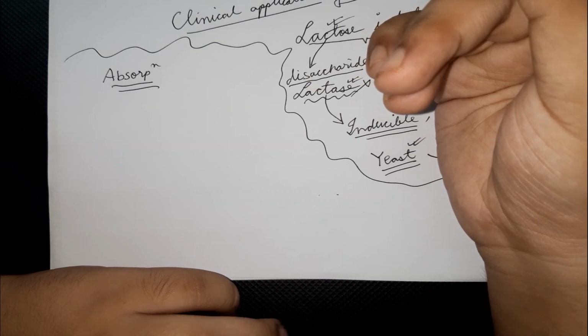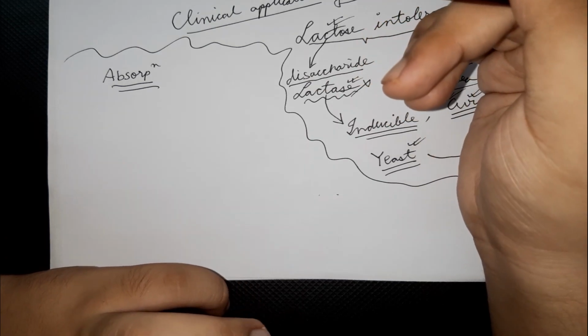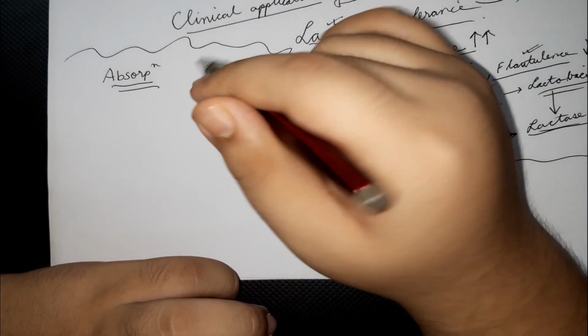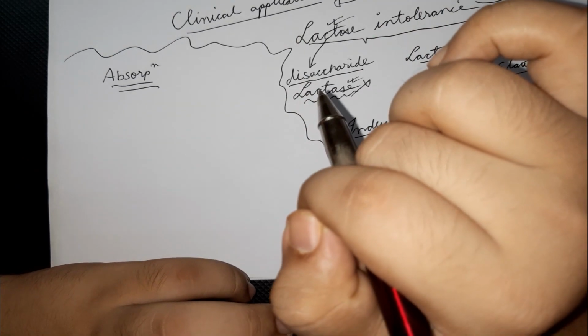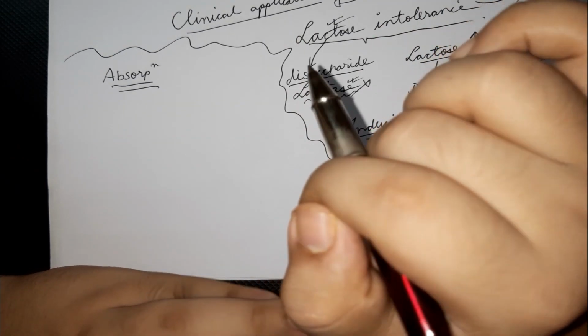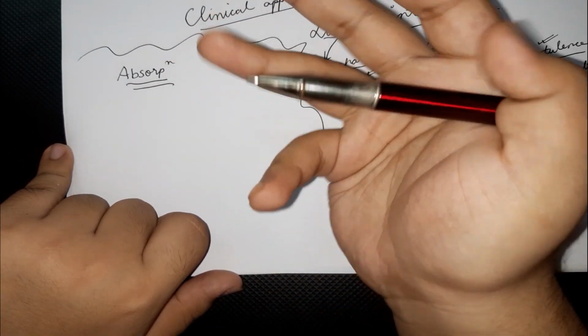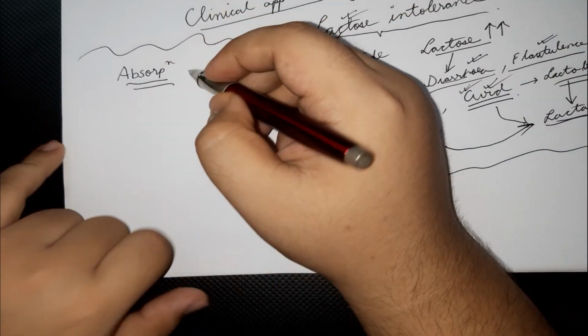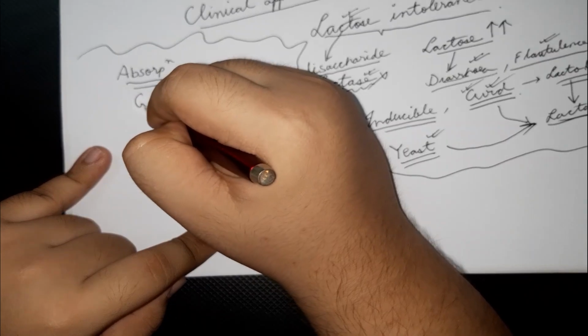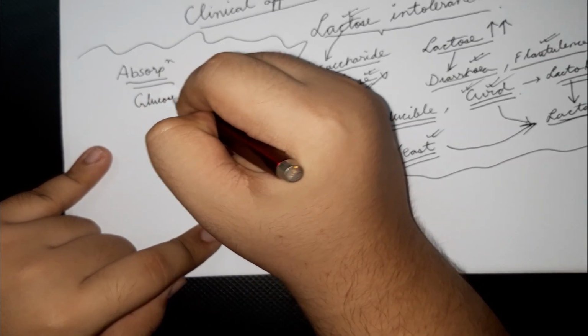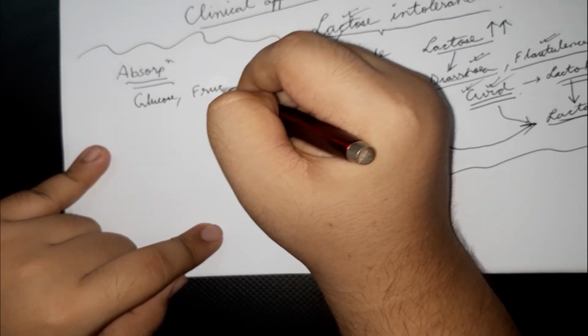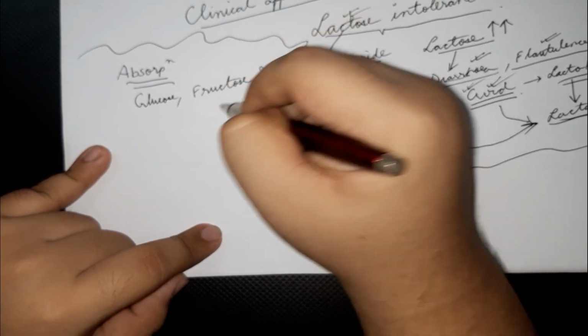Are they absorbed in the mouth? No. Are they absorbed in the stomach? No. They are absorbed in the intestine. Now we know that there are 3 monosaccharides for carbohydrates. What are they? They are glucose, fructose, and galactose.